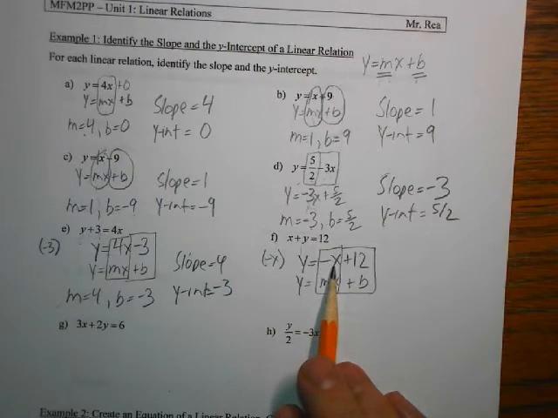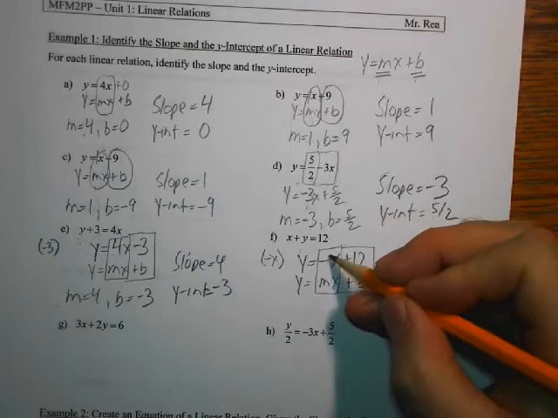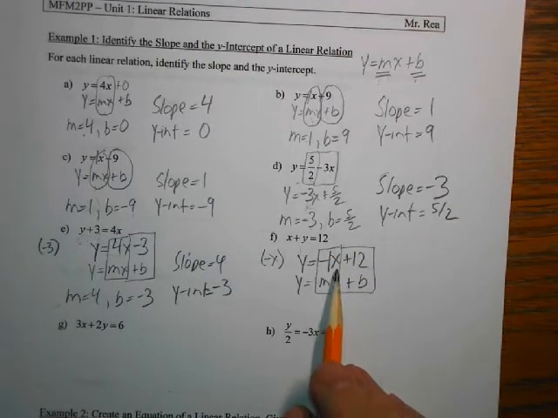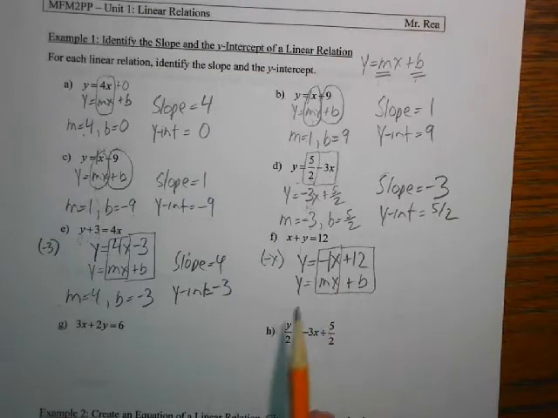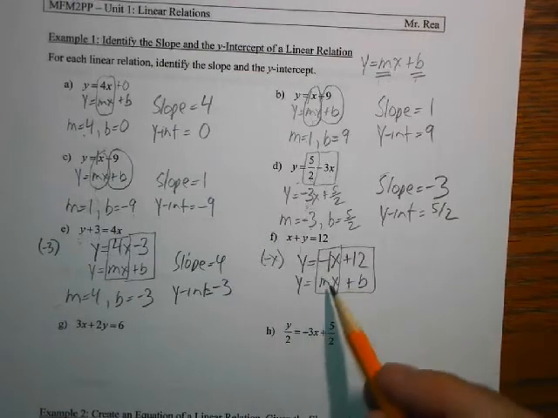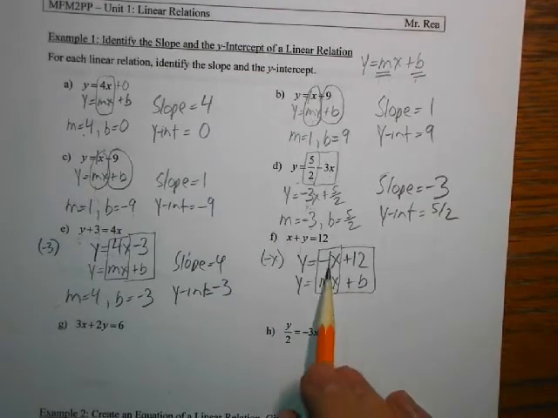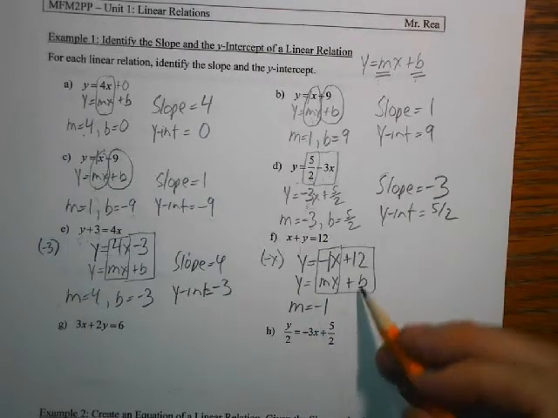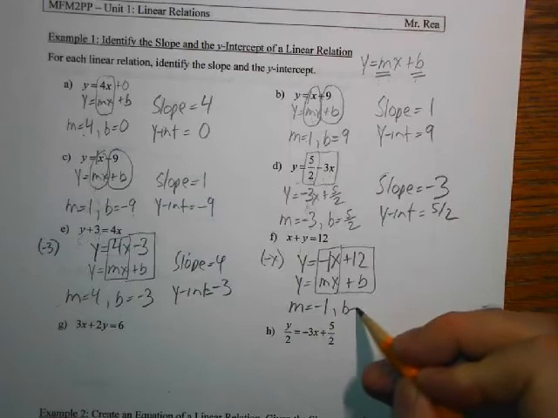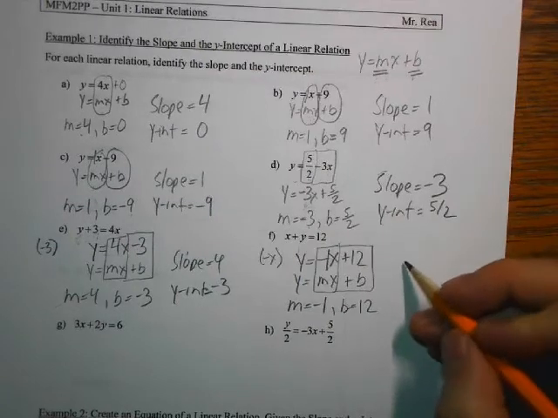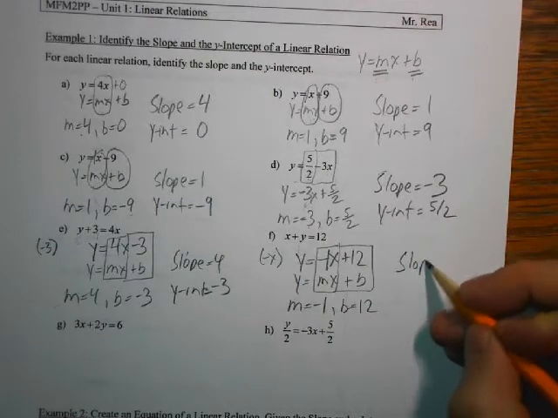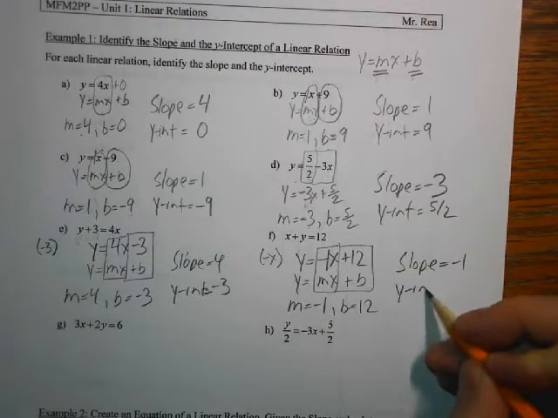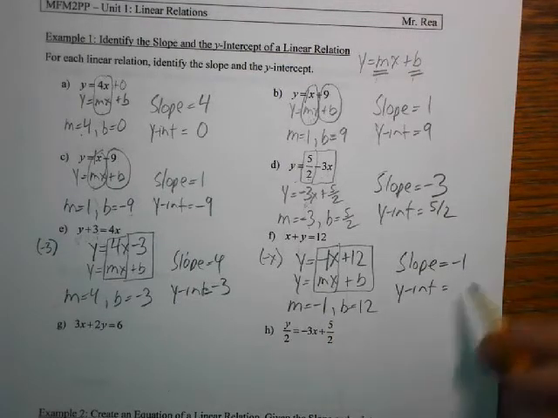If it's negative x, you can assume the number is negative 1 in front. You can put it in front if it makes your life easier, and now you can very quickly see that m is equal to negative 1 and b is equal to positive 12. So therefore the slope is whatever m is, so that's negative 1, and the y-intercept is equal to 12.